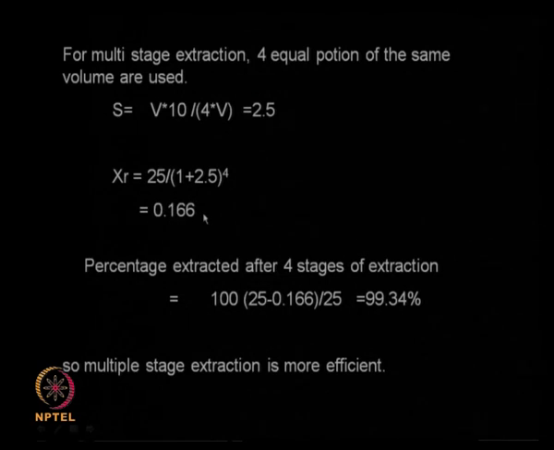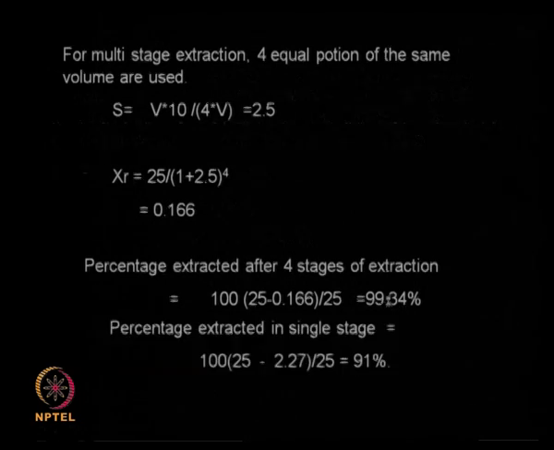So you are starting from 25 and after 4 stages of extraction with 1/4 the amount of solvent you are able to extract 99.34% of the protein.